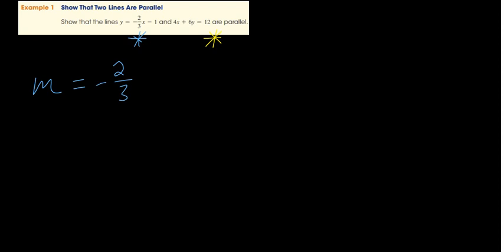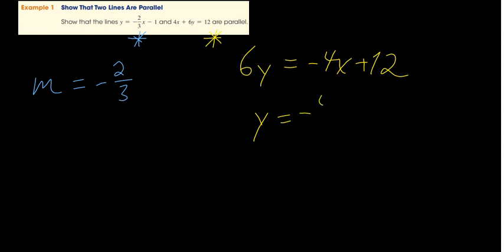Well, now, what do we have to do for the equation in yellow? Well, let's just solve it for y. That's it, right? So let's go ahead and start this out by subtracting 4x from both sides. So we're going to have 6y is equal to negative 4x plus 12. Okay, then we're going to divide both sides by 6, and so we're going to end up with y is equal to a negative fraction, we'll just not fix the fraction just yet, plus 2.